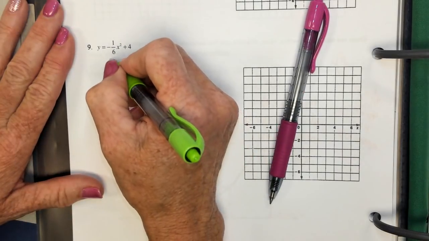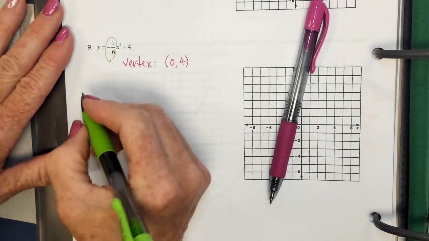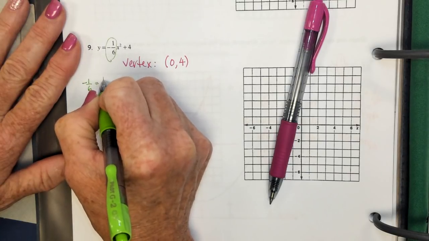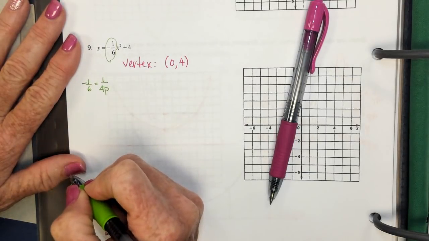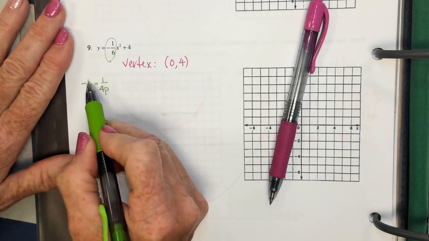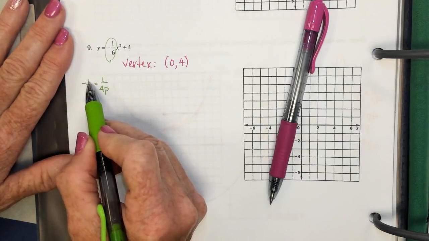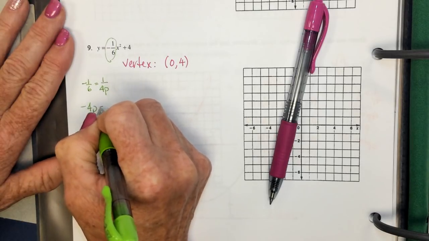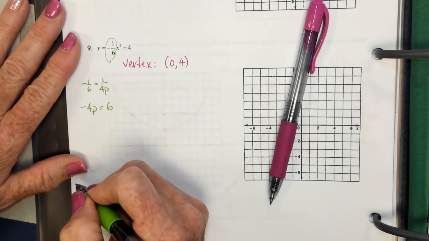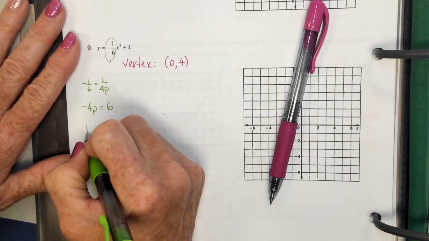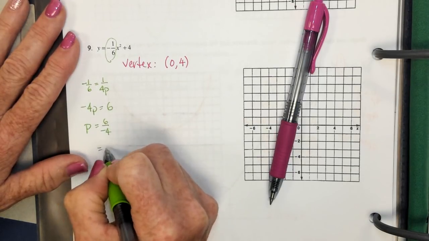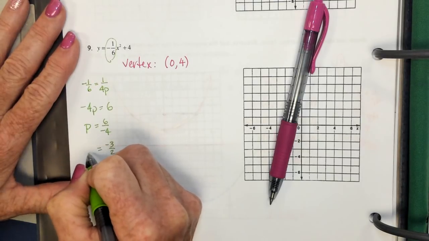Now to figure out what p is, we're going to take this coefficient. Negative 1 over 6 equals 1 over 4p. Assign the negative sign out here to the numerator. So when I cross multiply, I'm going to get -4p is 6. Divide out that -4. 6 over -4, simplify, so we have -3/2.